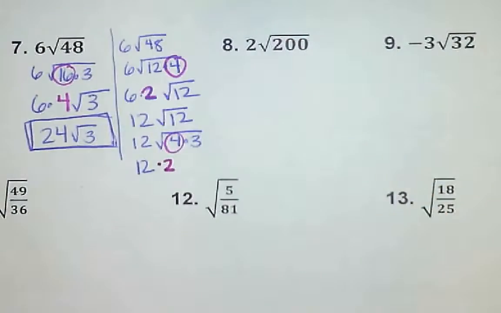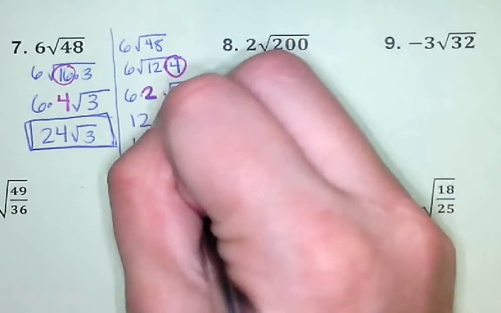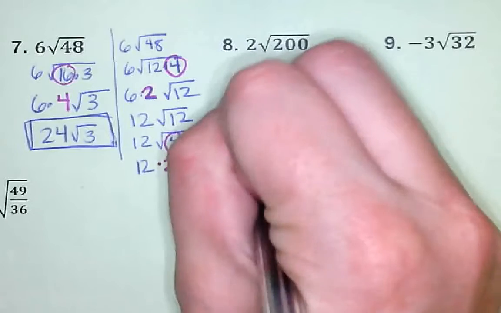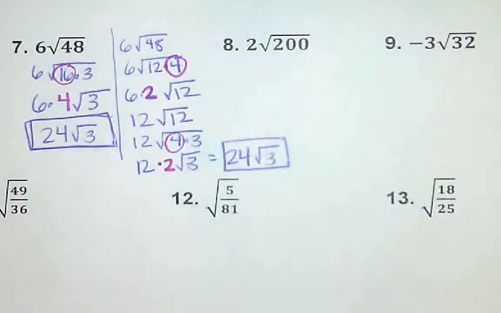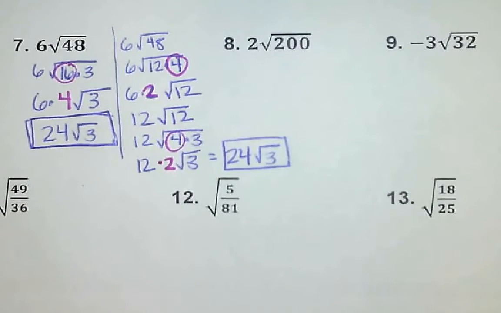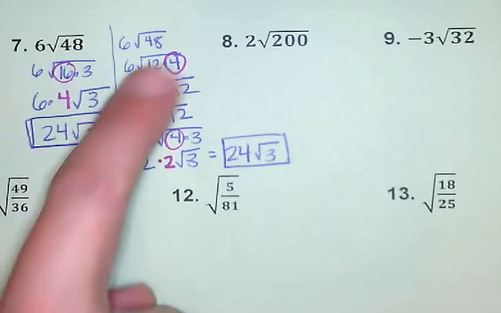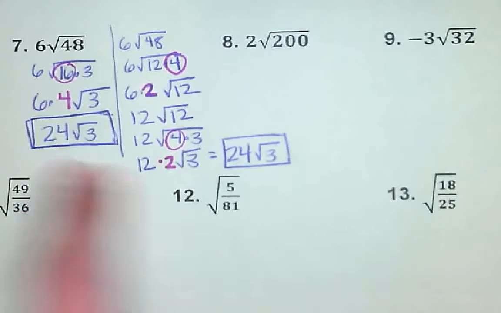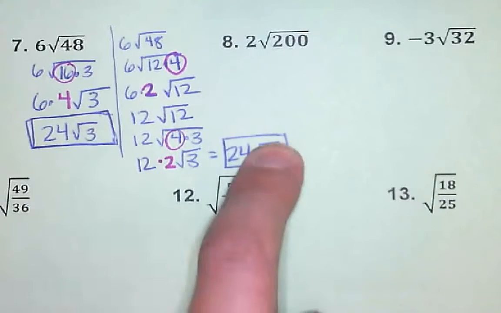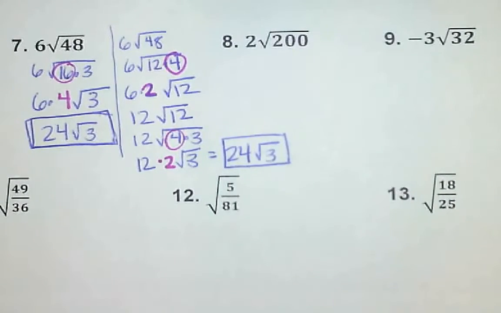So that gives us 24 square root of 3. So guys, if you don't pick the largest perfect square, that's 16, you will still get the answer, but it just takes you a lot more trips to get there. Does that make sense, guys? Does anybody have any questions for me about why we want to pick the largest perfect square?